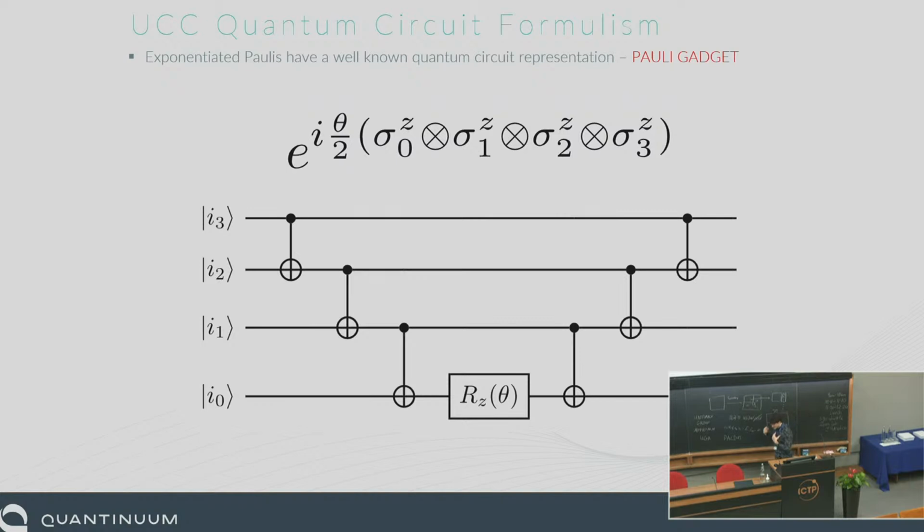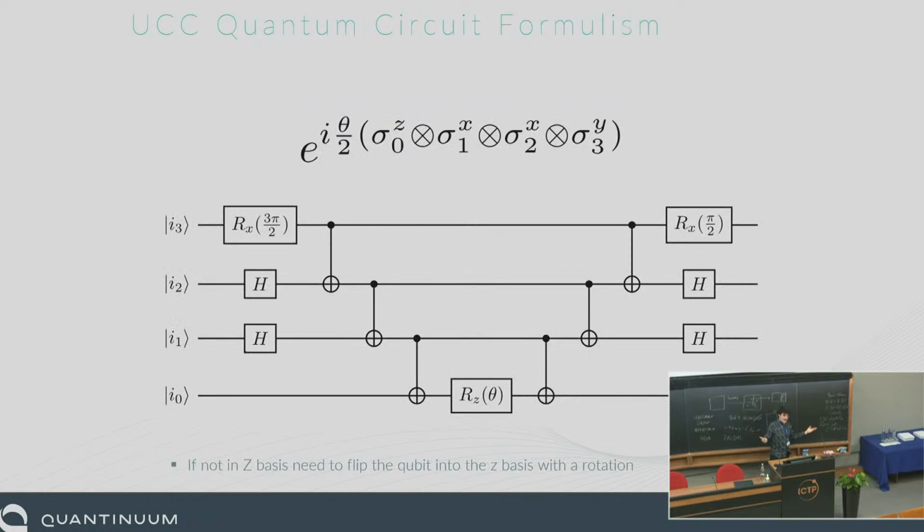If you then add a rotation in the Z basis here, you get this really powerful e to the i theta over 2 ZZZ. So now you've got an exponentiated, parameterized parity rotation. This is really powerful for many things, including Hamiltonian simulation, like these unitary coupled cluster ansatzes.